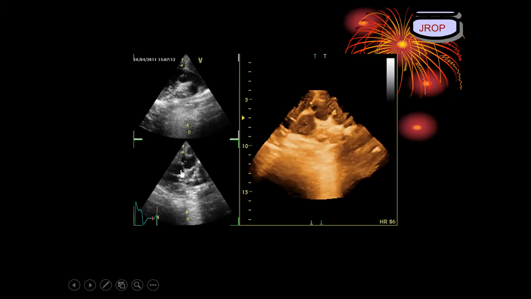So what is this? This is known as congenitally corrected transposition of great vessels. Why is that? Because one vessel is arising from the morphological right ventricle, and it's bifurcating. On the other hand, the other vessel is arising from the left ventricle, and it's not bifurcating. This is aorta, this is pulmonic artery.